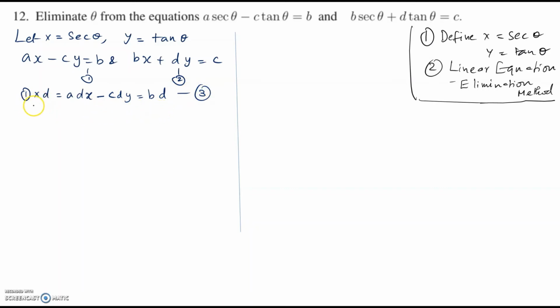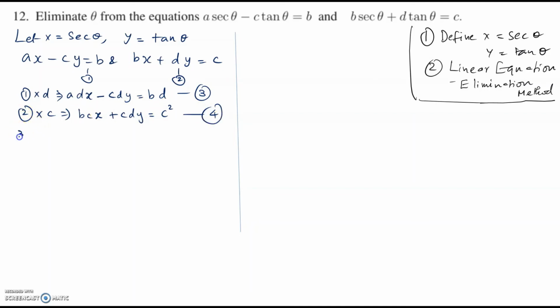Similarly, let's multiply our equation 2 with c. Then you get bcx plus cdy is equal to c squared. So let this be 4.